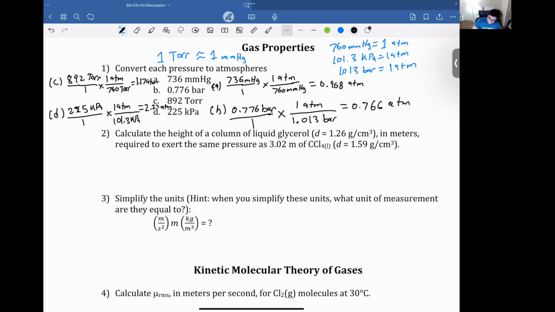All right, next it says calculate the height of a column of liquid glycerol in meters required to exert the same pressure as that. So in general, your formula is going to be the pressure due to a column is equal to the density of the liquid times gravity times height. That's the formula we're going to use.